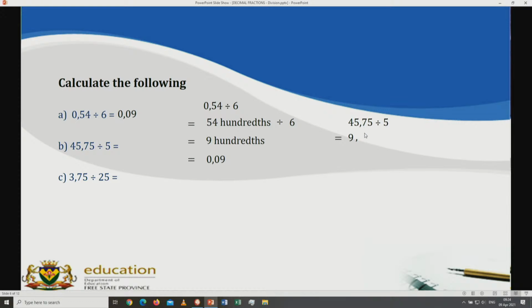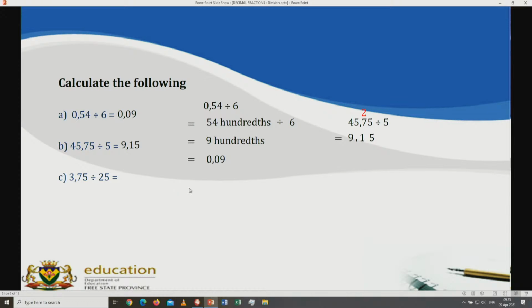Once. And then we are left with how much? We are left with 2 tenths. Now 2 tenths and 5 hundredths will make 25 hundredths. And then we can say 5 into 25 goes how many times? It goes 5 times. So our answer is 9,15. It's very important that you have different methods so that you have a choice.